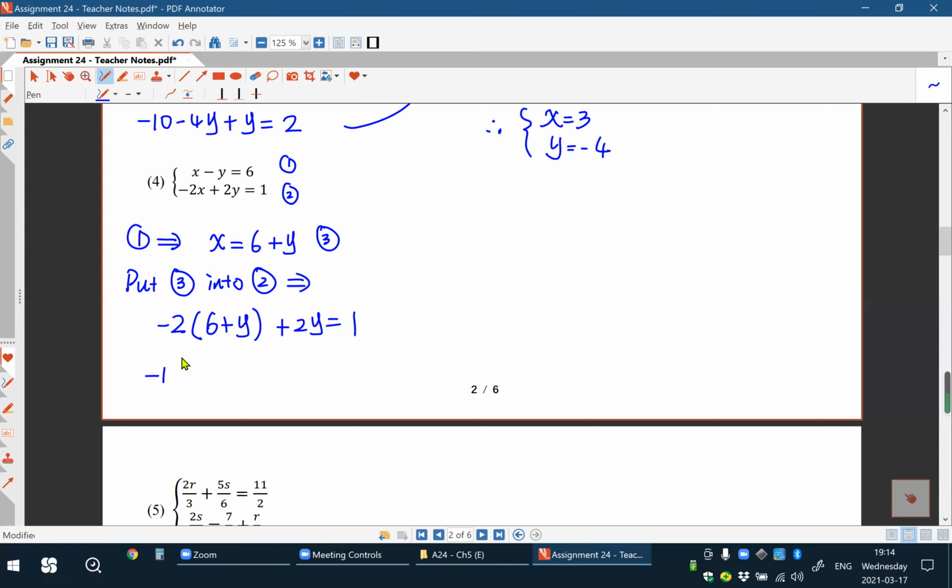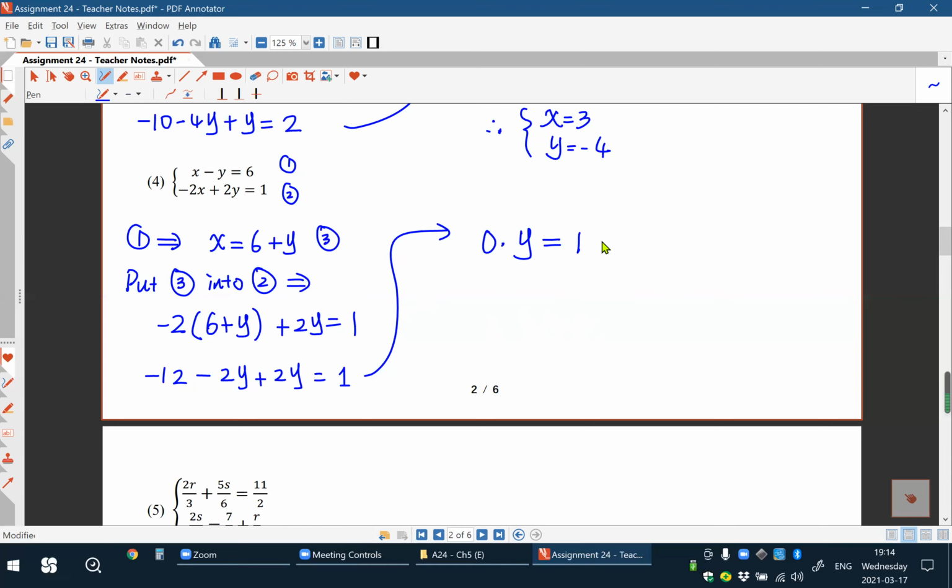And let's expand it. Minus 12 minus 2y plus 2y equals 1. Okay, and then minus 2y plus 2y gives you 0 times y, right? And let's put minus 12 to the other side of the equation.